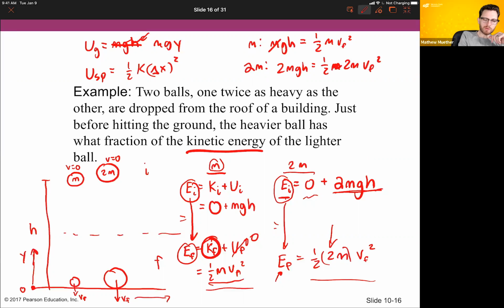Now notice that in this equation, the two mass terms cancel out. And you can see that in either case, I'm left with the same functional form: the final velocity in either case would be equal to the square root of 2gh.